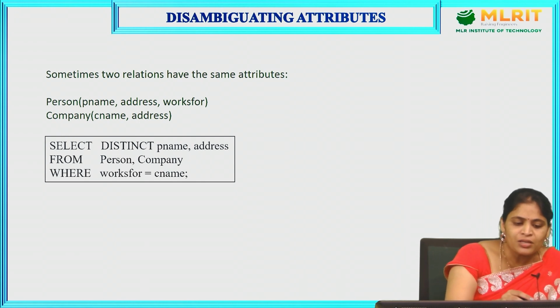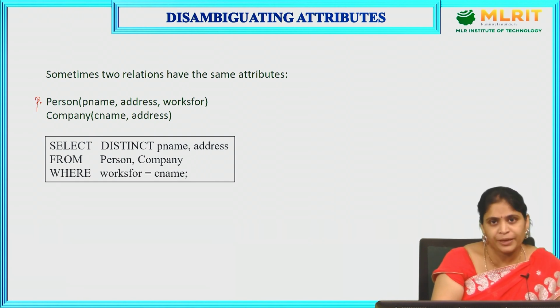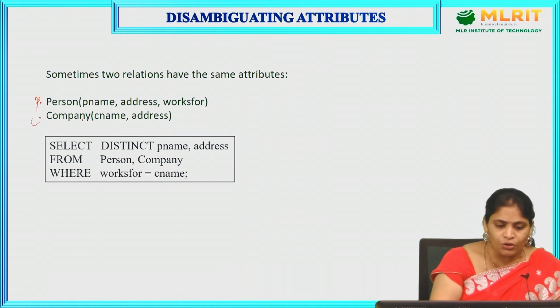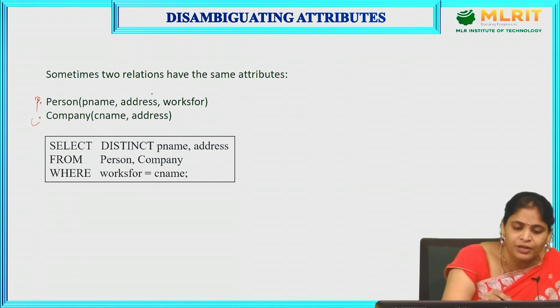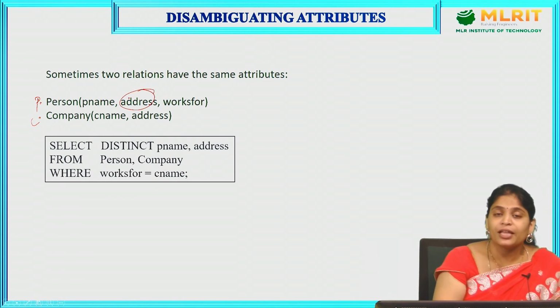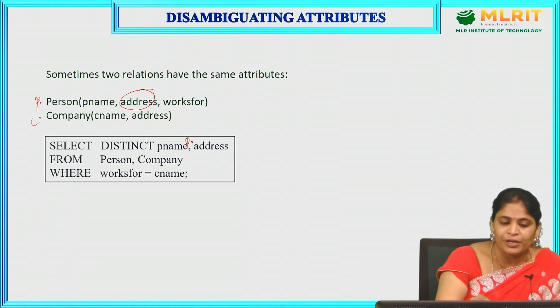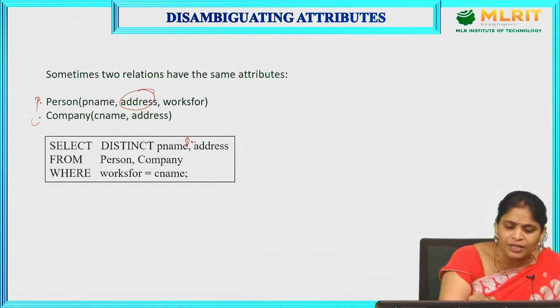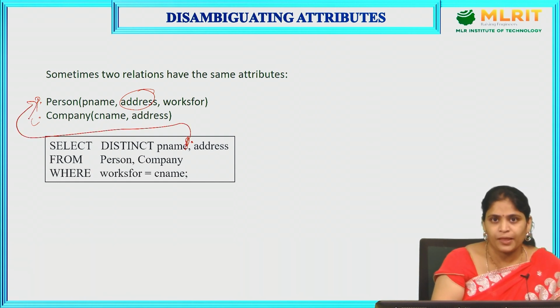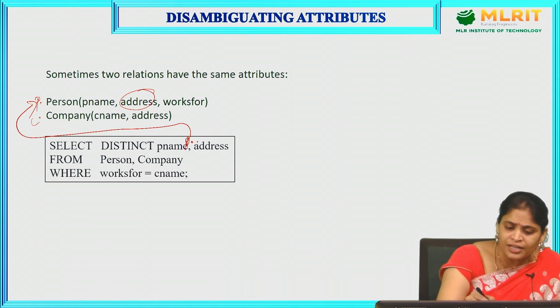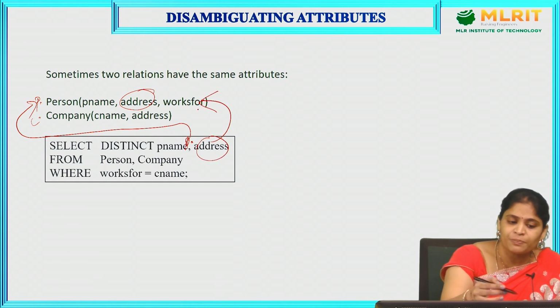For example, I represent the person table with P, and I represent the company table with C. If I want to retrieve the address from the person table, I should mention P dot address, because this variable represents the person table, so we know this address must be retrieved from the person table.